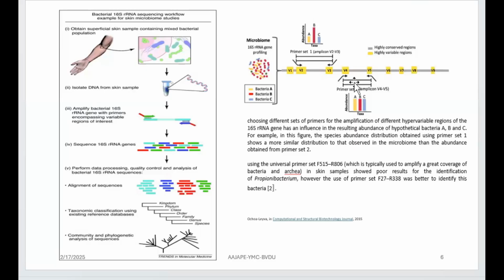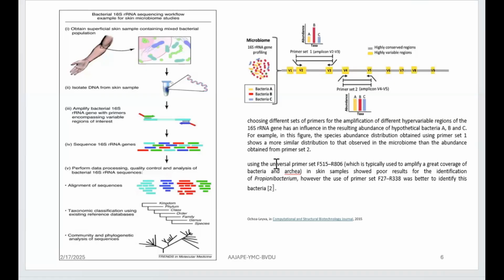And if I choose the V4 and V5 region, what kind of similarity pattern are you getting? Are you getting the same? Surely not, right? So what is important is you have to go for selection of an appropriate primer or amplicon that should be amplified.